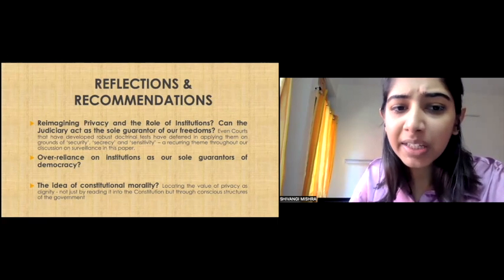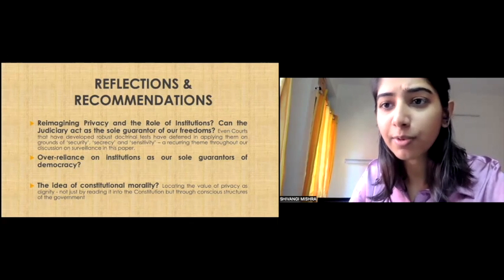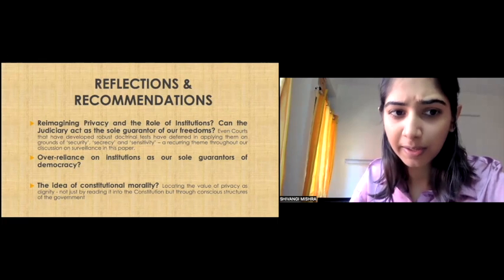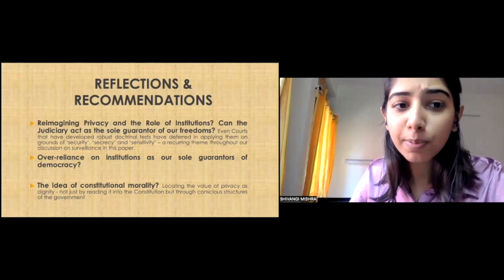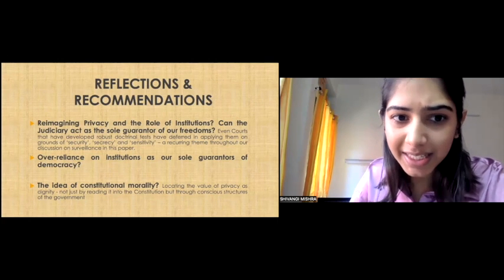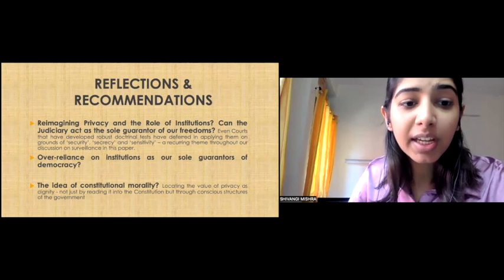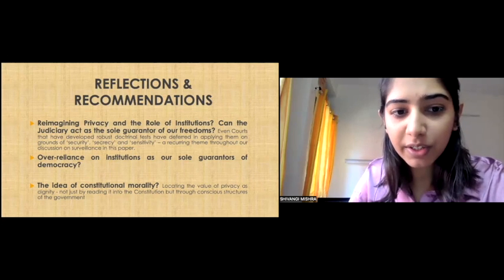And could revisiting constitutional morality in this context provide a potentially viable solution? And in India, in the post-Puttaswamy era, even though the doctrinal tools to check against the state's potent powers of surveillance exist, the prevalent mode of aggrandizement, the judiciary, may not act as an effective check.